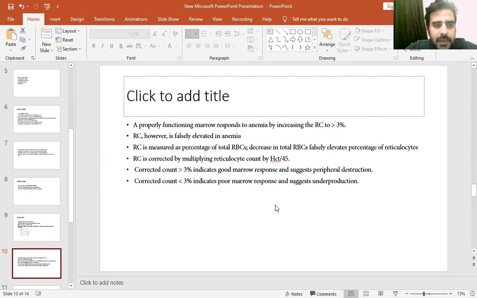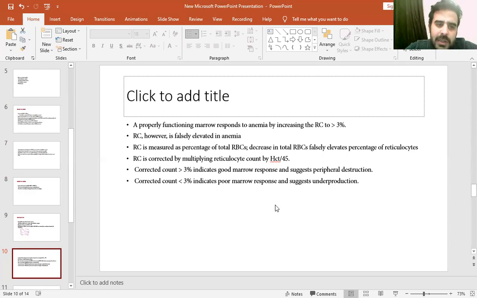So what will happen if a person is suffering from anemia and their bone marrow is functioning properly? The reticulocyte count will be increased by more than 3% in case of anemia.